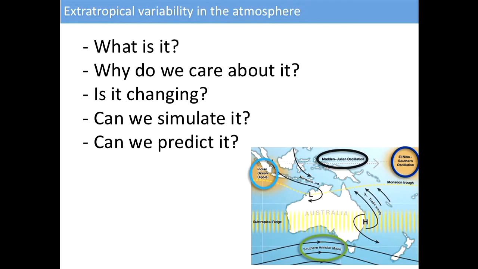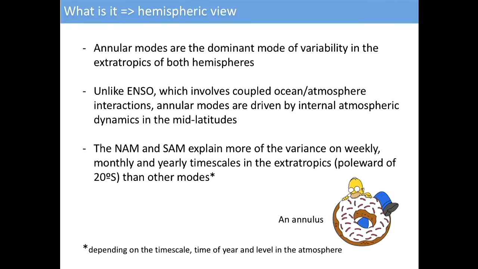Okay. So what is it? What I'm talking about today in terms of extratropical variability is this large-scale hemispheric view. I think Michael Reeder probably talked to you about variability on a more local scale. The main thing we talk about when thinking of extratropical variability are these annular modes.